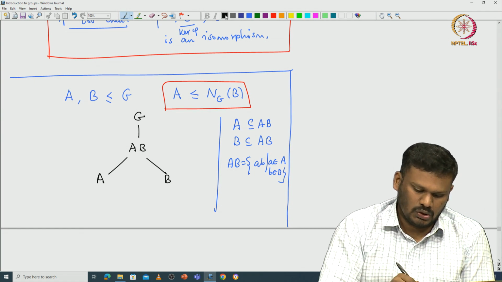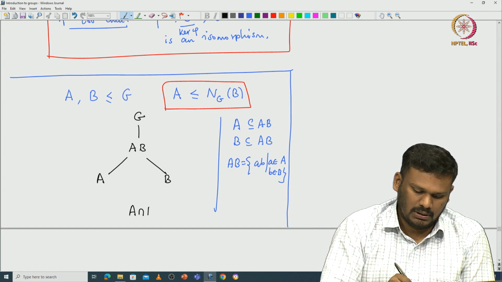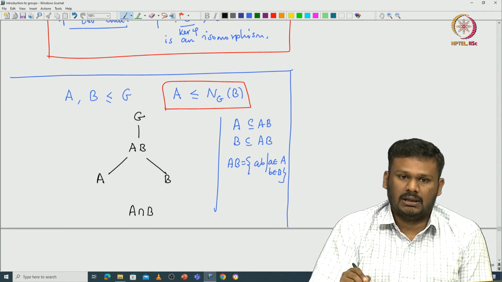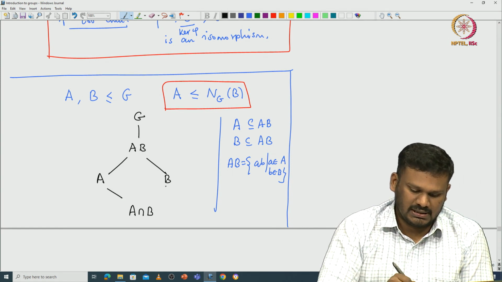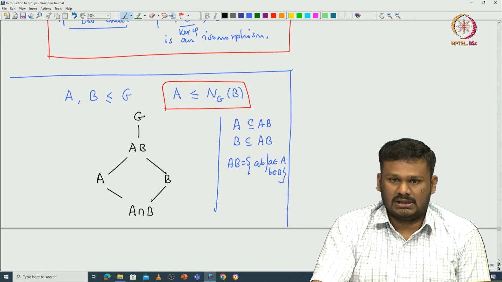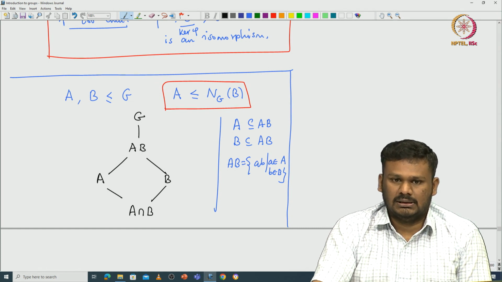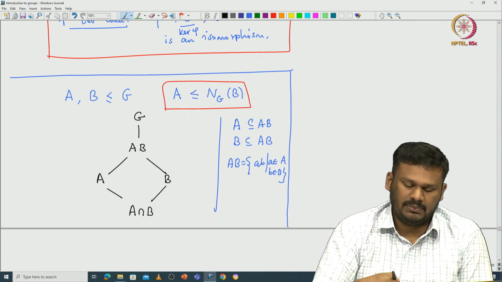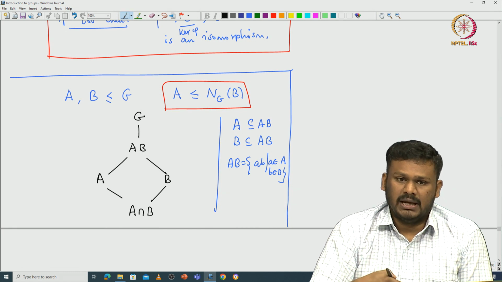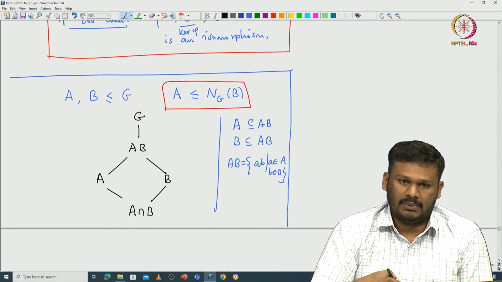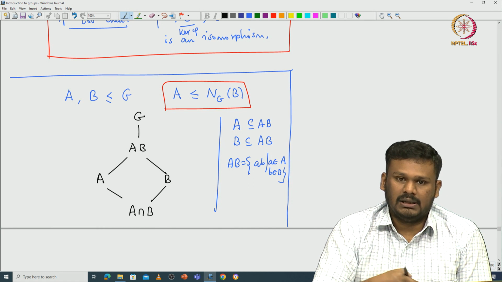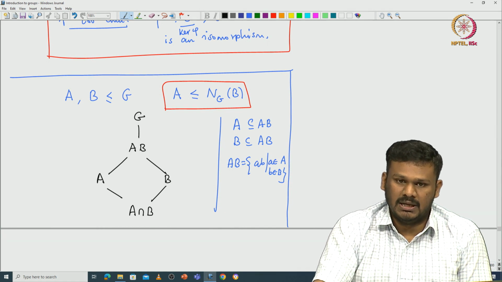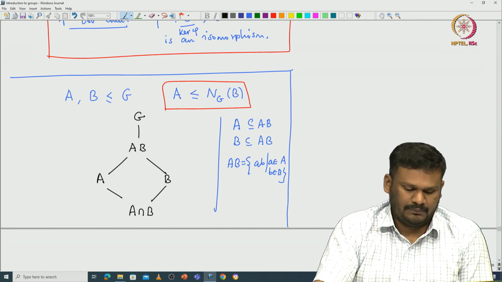You have another group lying at the bottom, which is A intersection B. I am putting a line segment whenever the inclusion happens. A intersection B is contained in B, and also contained in A. Similarly A and B are both contained in AB, and AB is contained in G.